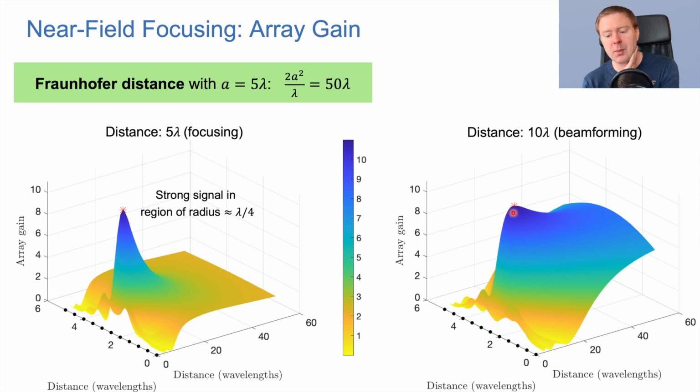I get the maximum array gain here. But you can see that behind the user, there is still quite some signal focusing. So we are actually focusing a beam. It's not entirely the same. We would get the same array gain all the way here if we are at the Fraunhofer distance or further away, but they still are creating a beam in a particular direction.